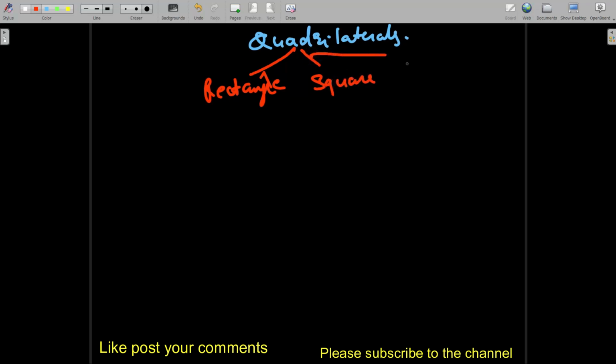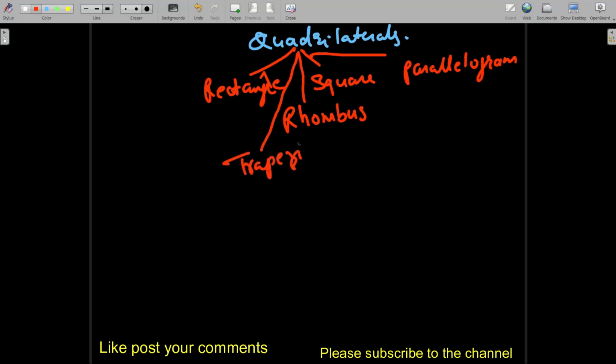You have a parallelogram. You have a rhombus. You have a trapezium. So these are the different kinds of quadrilaterals we have. One by one we'll study the properties of each of these quadrilaterals.